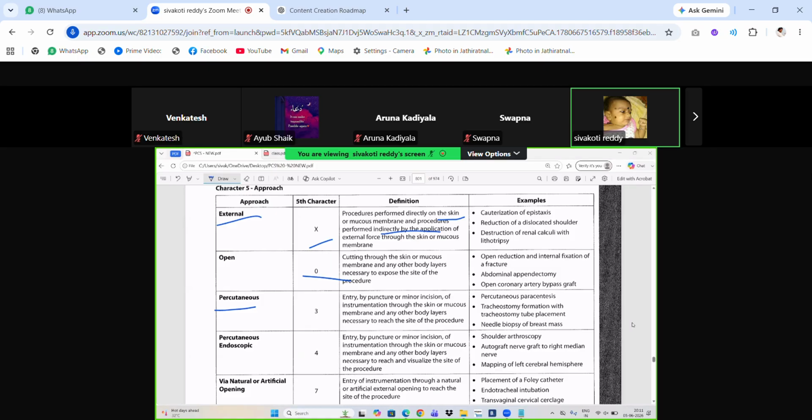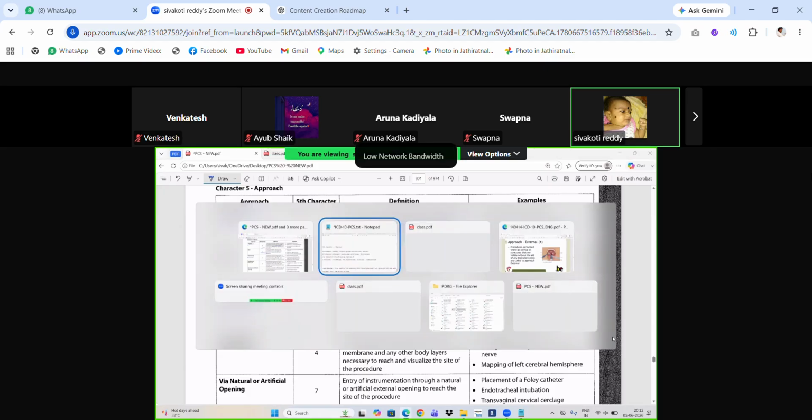They will puncture the body and insert the instrument. It should be percutaneous endoscopy. Note down which scopies come under percutaneous endoscopy.